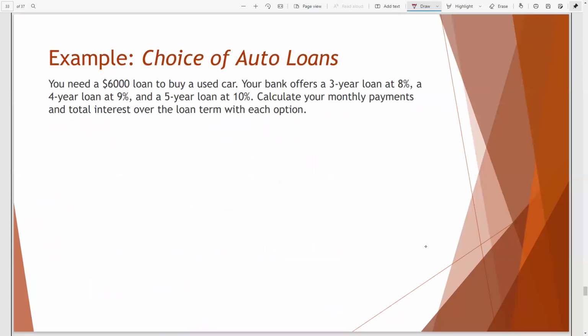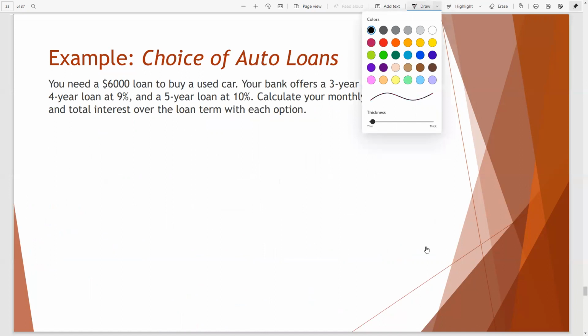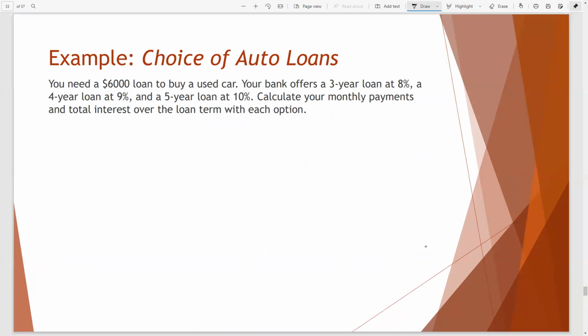All right, the auto loans: you have different options. This time we don't have much space, so it will definitely be very short.